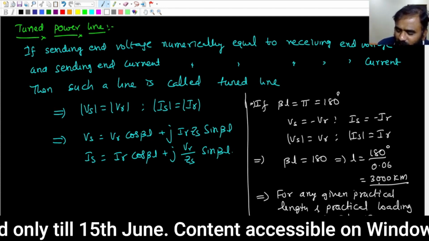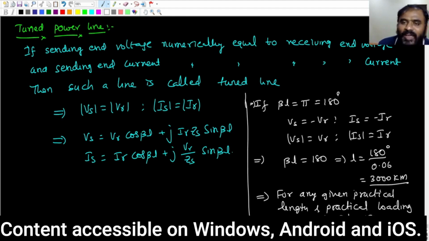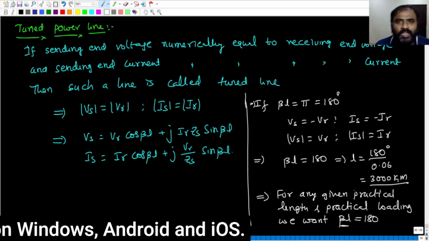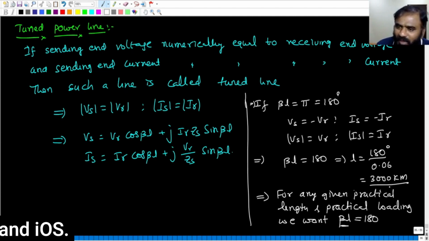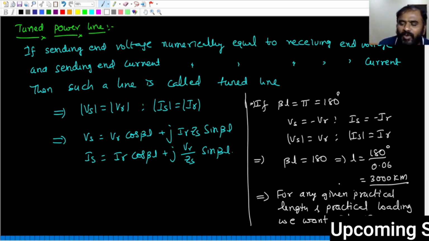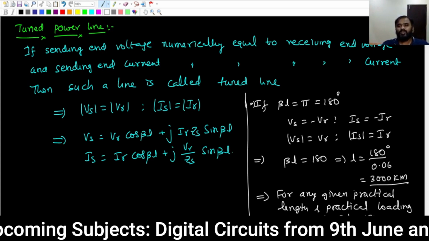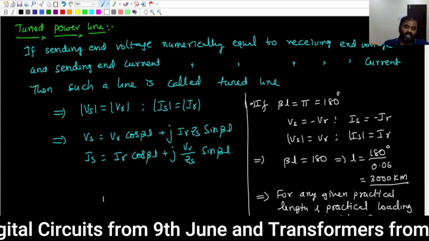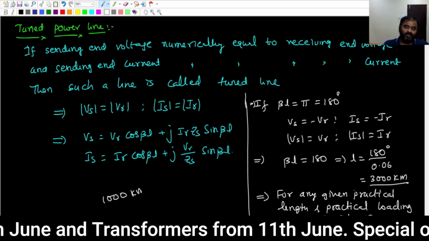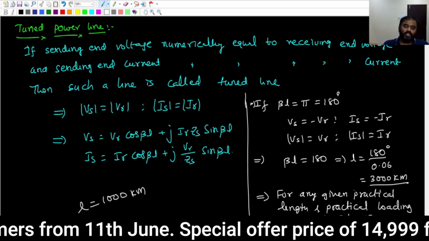Why? Because the length of the line will never be more than 1000 kilometers, correct or not? For a 1000 kilometer length, we want beta L equal to 180. Just think about it. For example, the length of the line is originally 1000 kilometers.